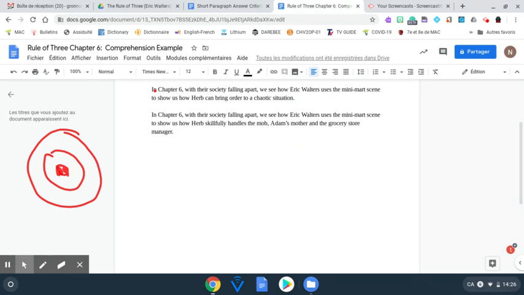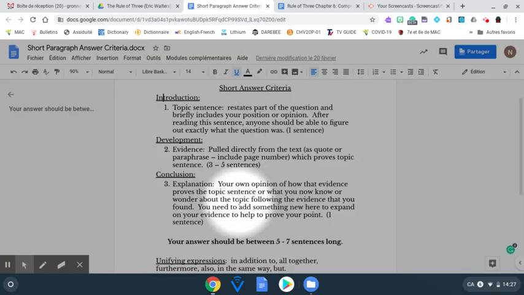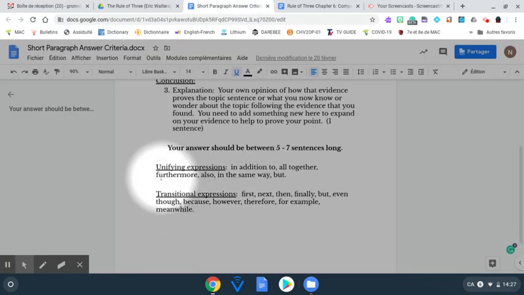So we always want to start, en français, on dit avec un marqueur de relation. Here, I've still got my spotlight here. We either want to use a transitional expression: first, next, then, finally, however, therefore, for example, meanwhile.